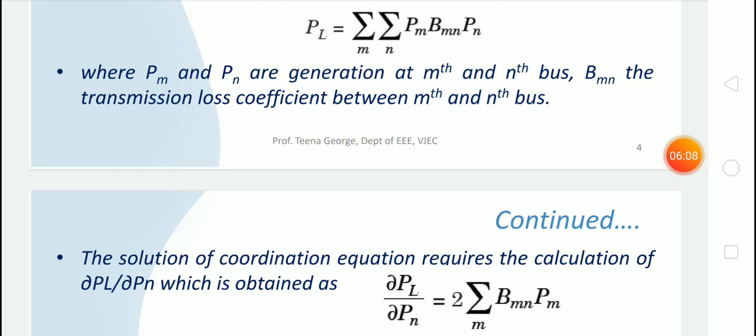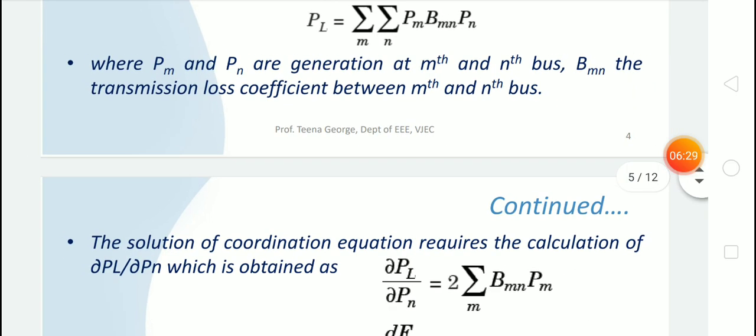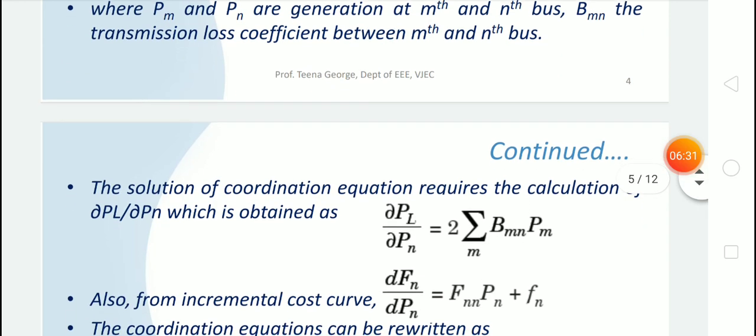In the first case m and n will be 1, so we get P1, B11, P1, so the first term will be P1 square. When differentiating that, it will be 2 P1, so the term 2 will come. You can split this and check the answer. Dou PL by dou Pn equal to 2 sigma Bmn Pn.